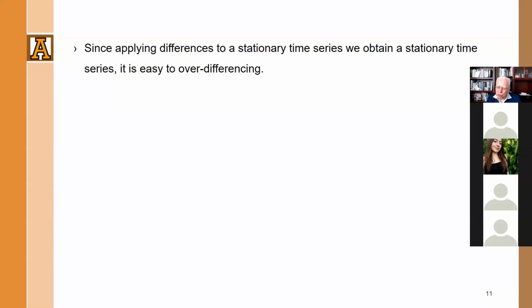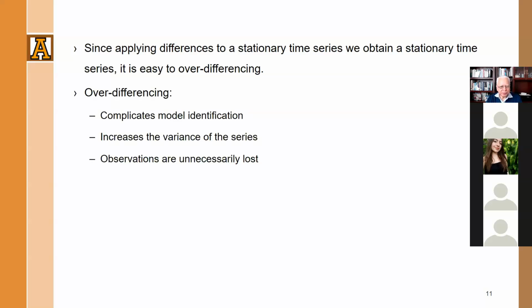It will be more difficult to identify the right model if we over difference. It increases the variance of the series. This is a very important thing because that's what we're going to use to check. If I take more differences than required, the variance of the series is going to increase. And the other thing is, of course, if we take two differences, we lose two observations. We take three differences, we lose three observations. So we are losing unnecessary observations.